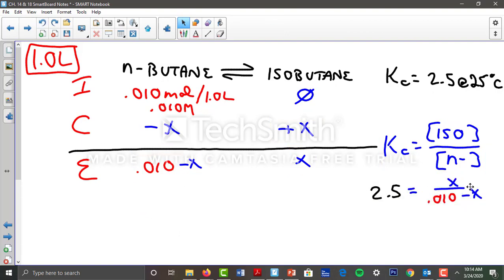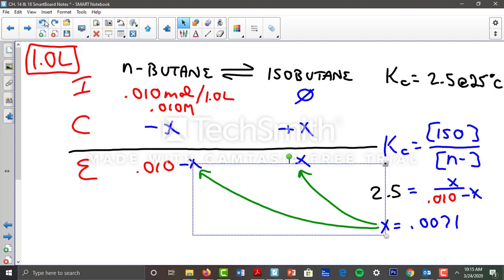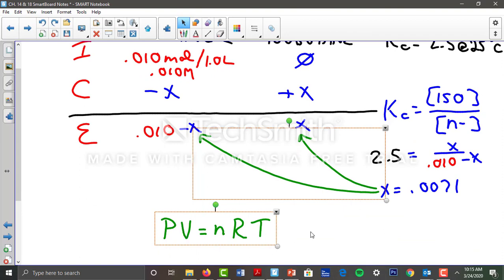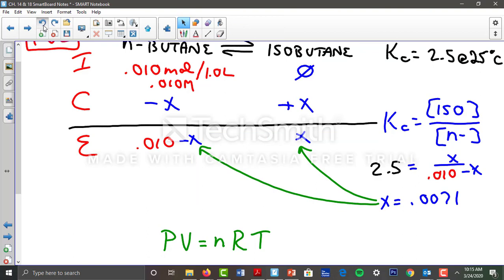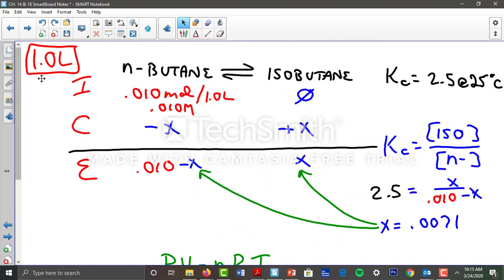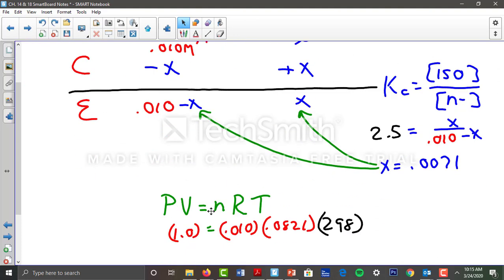Plug those into the equilibrium expression. You get X equals 0.0071. So that would be the molarity of isobutane, and then the molarity of N-butane would be 0.010 minus 0.0071. If we then solve using PV equals nRT, the volume is the 1 liter container. The n is 0.010 moles.